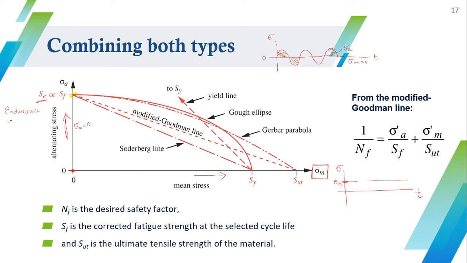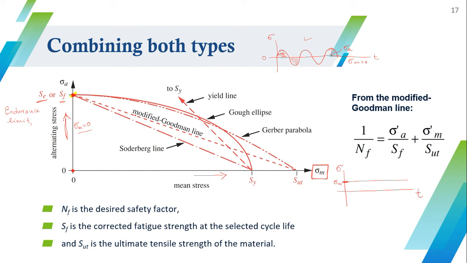For some materials, we have an endurance limit. For other materials, we have fatigue limit or fatigue strength. So these actually represent the same concept depending upon the material. So this is the breaking point of the material when sigma m is equal to 0.